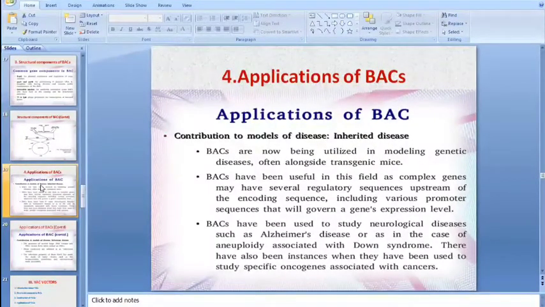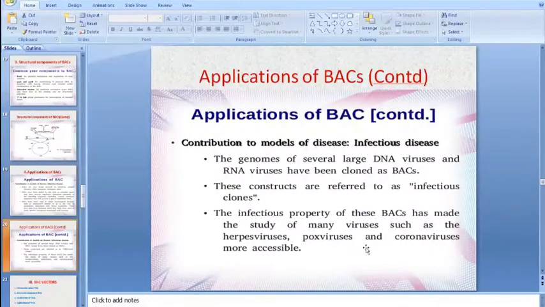Now we will see quickly about the applications of BACs. The first and foremost application of BACs is that they are used as models of disease. For example, BACs have been used to study neurological diseases like Alzheimer's disease, Down syndrome, and so forth.